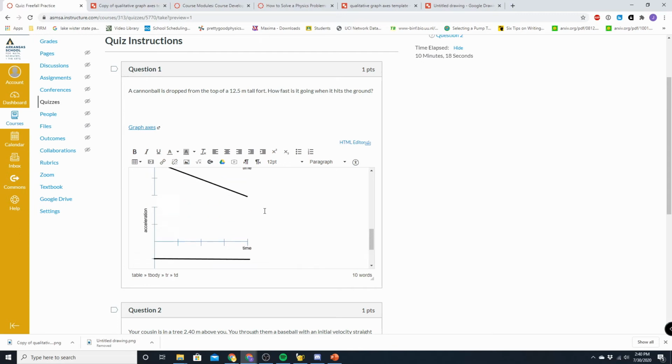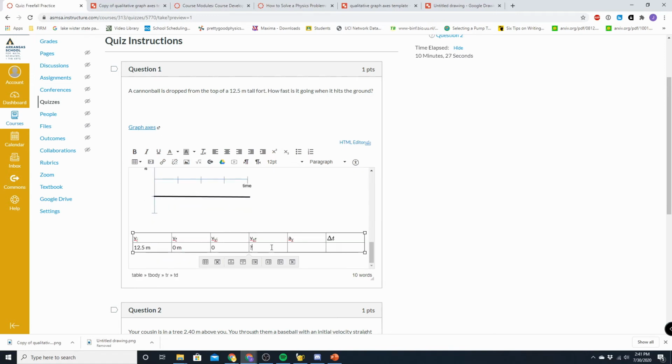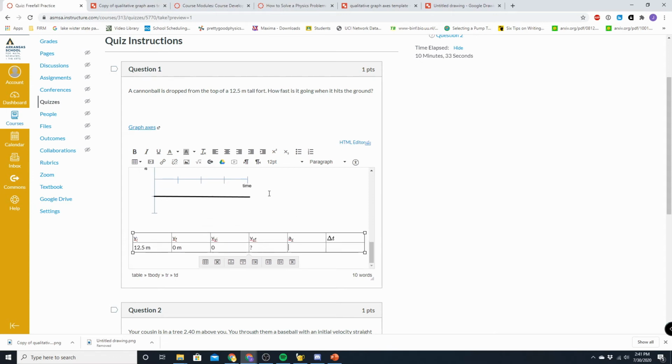But nothing is telling us what the final value for velocity is, right? We know that it's a negative value, but we don't know what the number is. Acceleration, we know it's negative, but we also know the specific value, right?